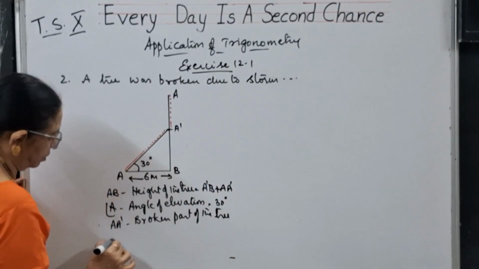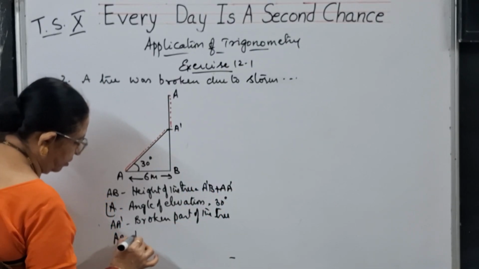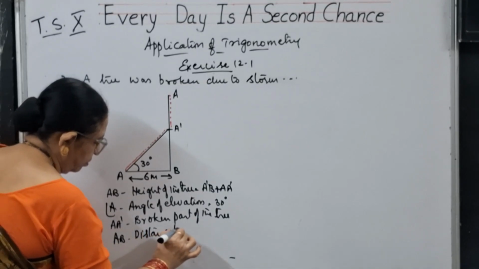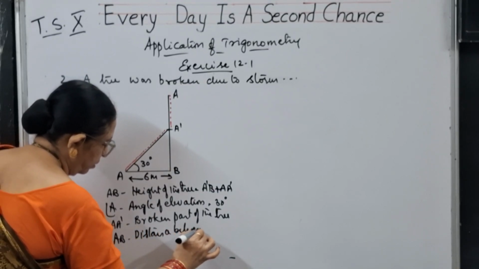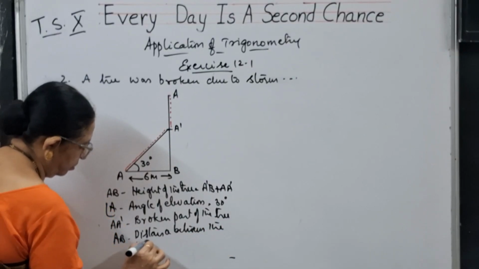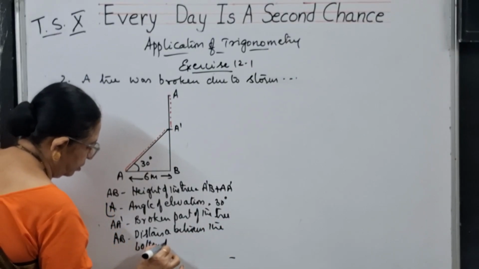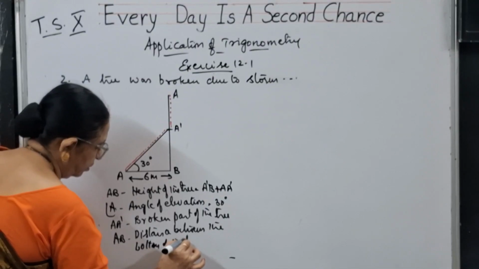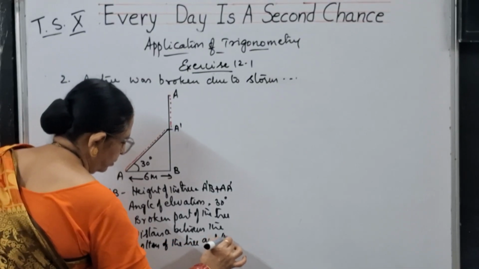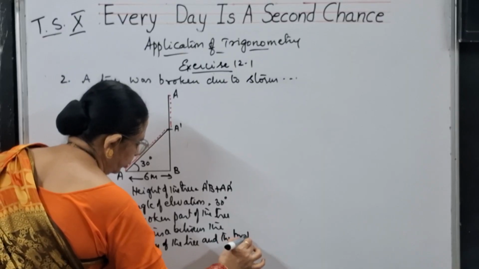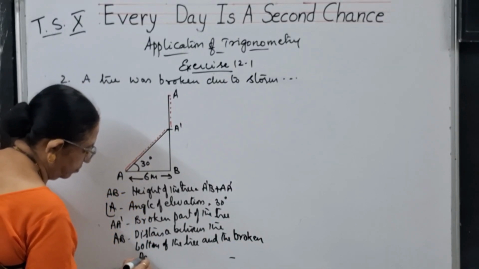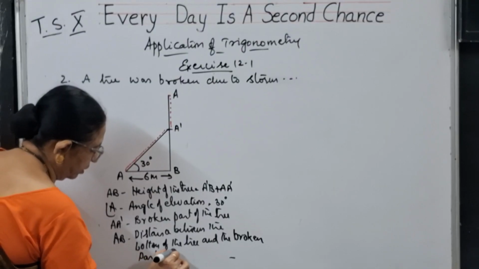Now, what is AB? AB is the distance between the bottom of the tree and the broken part of the tree.